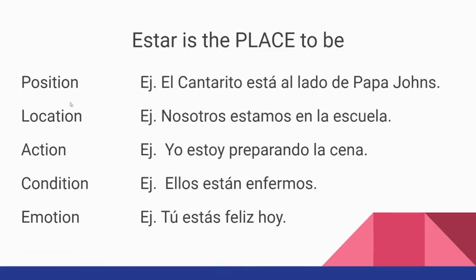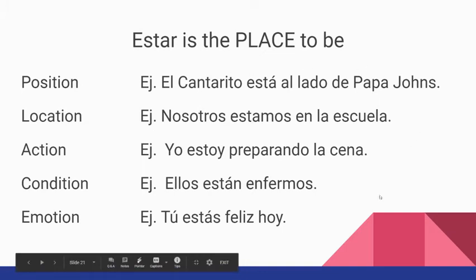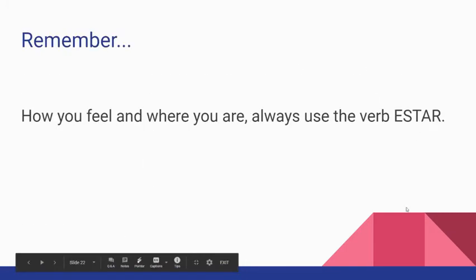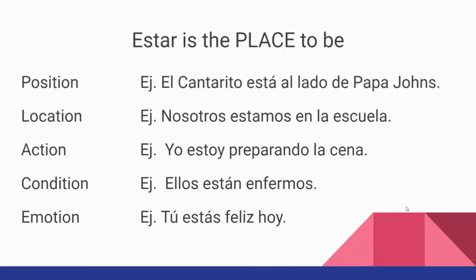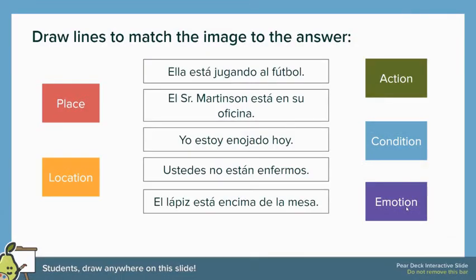So once again, position, location, action, condition, emotion, and we have our examples here. And this one I always use. How you feel and where you are, I always use the verb estar. That's our conditions and emotions, and positions and locations. So now let's take a minute to look at the different sentences. If you're following along in class, you can actually draw lines here.